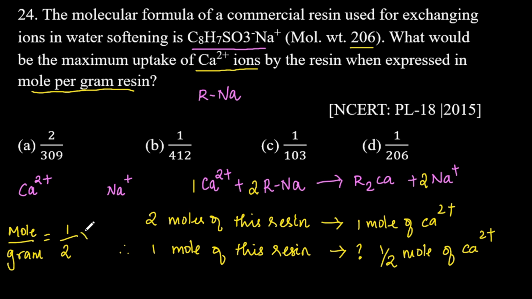So 1/2 whole divided by 206. If you solve this, you will get 1 by 2 into 206, which is nothing but 1/412, and the unit is mole per gram, mole divided by gram. So the correct option is option B.